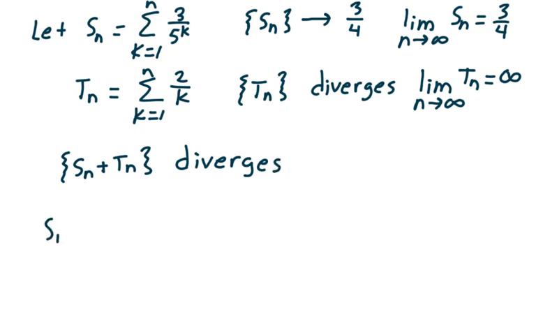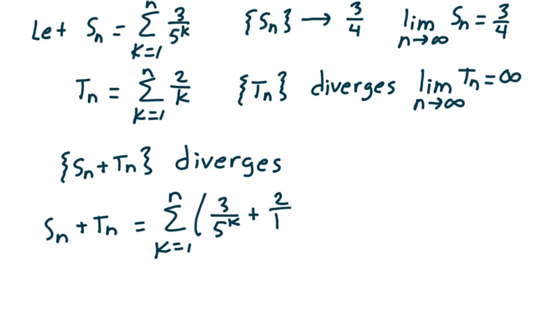And remember, S sub n plus T sub n is the summation from k equal 1 to n of 3 over 5 to the k plus 2 over k. So I could do that. When you add up finite sums, I can do it accordingly. You can rearrange terms freely. Everything works well.